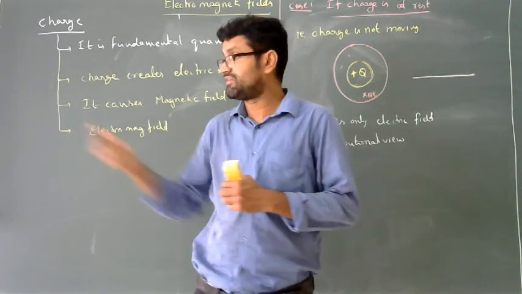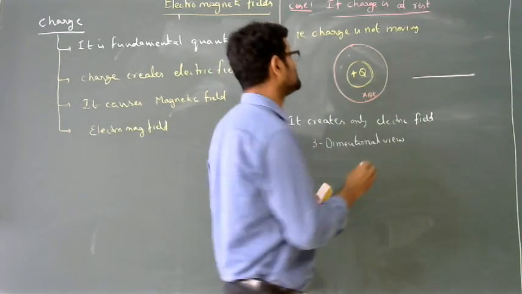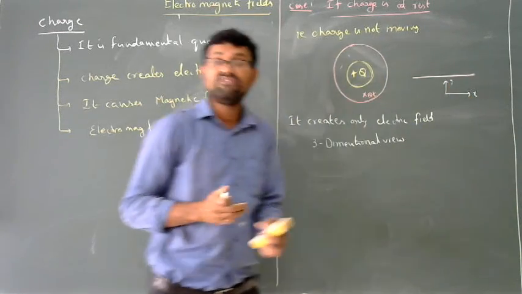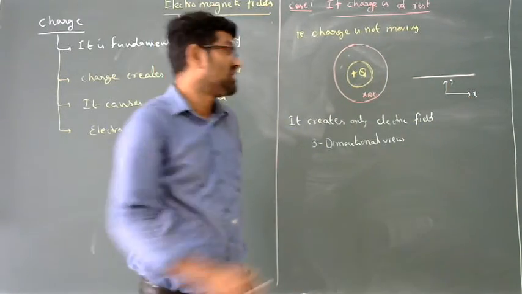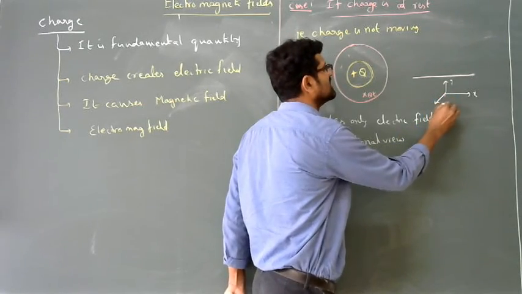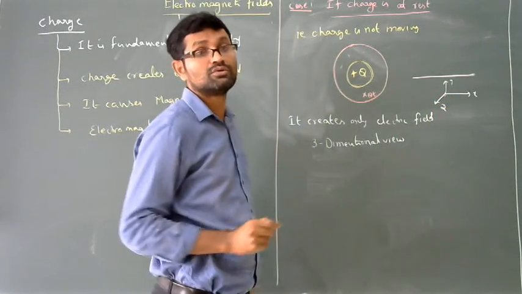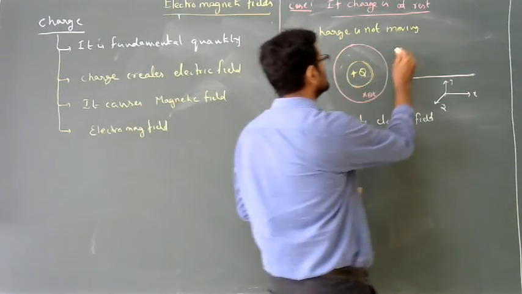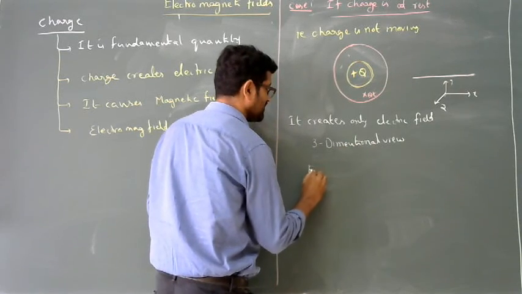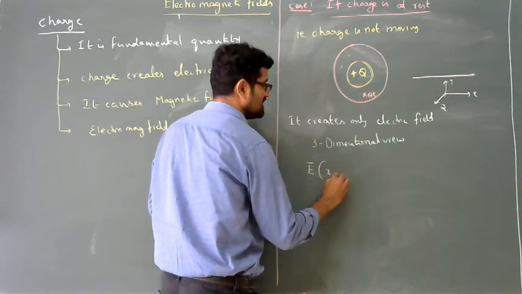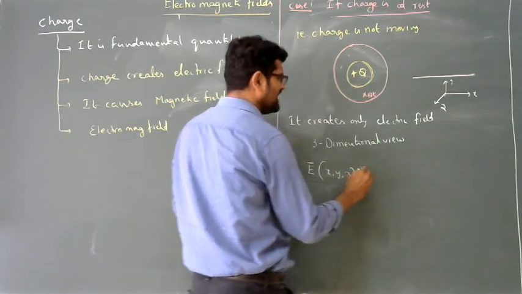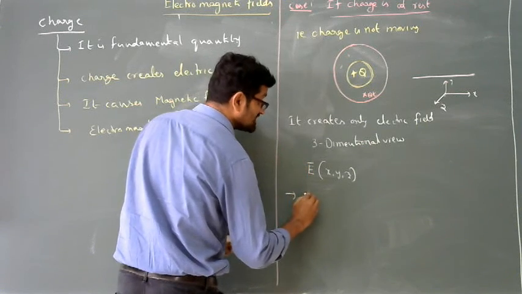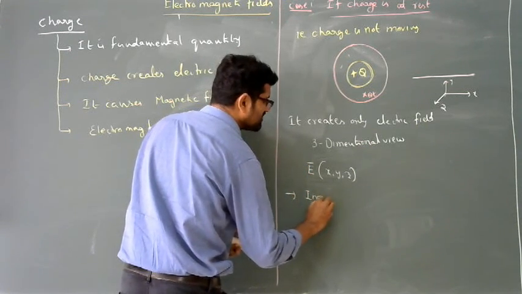In two directions, we define it with the x-axis and y-axis. If I can do work in all directions, we define it with three-dimensional x, y, z axes. Like this, we use mathematical tools. So all directions means three dimensions. This charge creates the electric field, which we define with the letter E. It is a function of x, y, z and is independent of time. If the charge is at rest, the electric field exists and is independent of time.